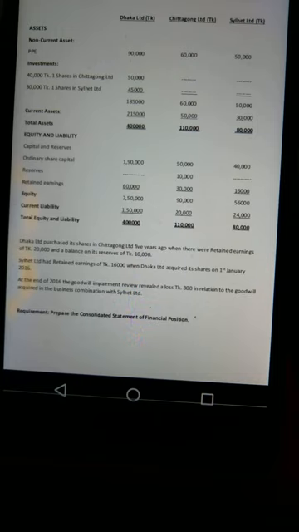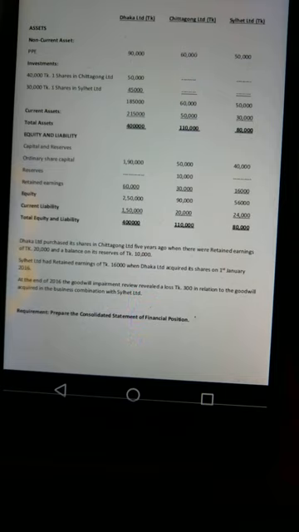When you see this kind of information in the investment part of the consolidated financial statement, you have three companies, but they only talk about two companies, Chittagong and Sylhet: 40,000 Taka one shares in Chittagong Limited and 30,000 Taka one shares in Sylhet Limited.